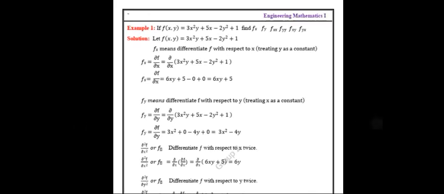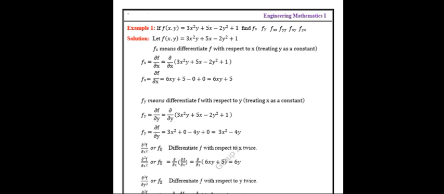So now let us find f of x, that means differentiating f with respect to x, treating y as constant. We have to apply the basic principles of differentiation here. This sign means daba, or we can also call it del. So daba f with respect to daba x.